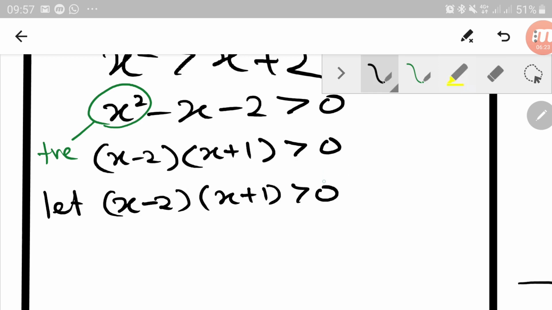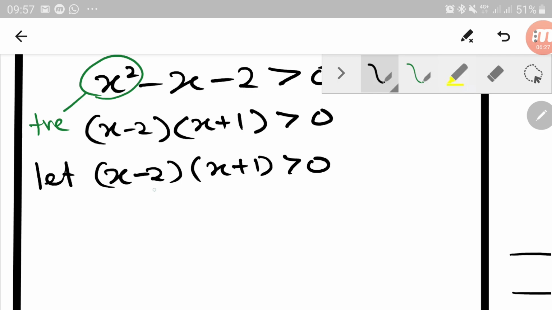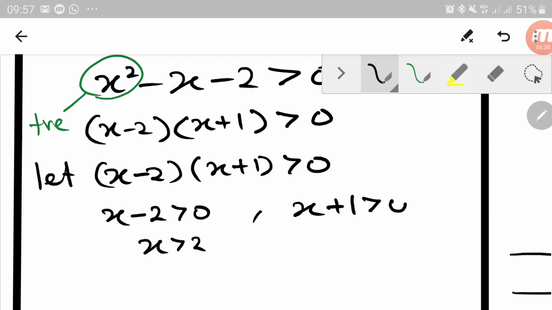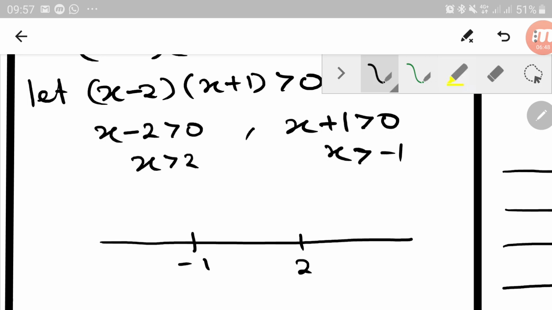When we let everything be greater than 0, we get x minus 2 greater than 0, so x greater than 2. The other one, x plus 1 greater than 0, so x greater than minus 1. Now, let's represent this interval on a real number line. So, -1 is here, 2 is here.